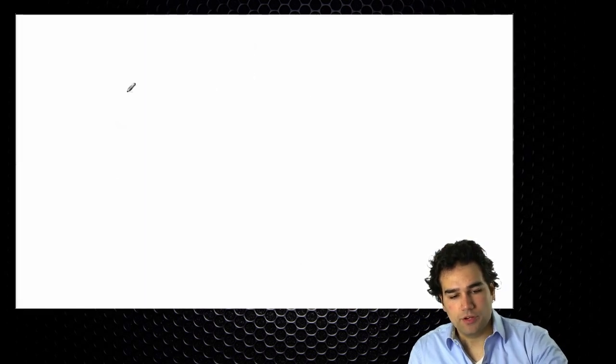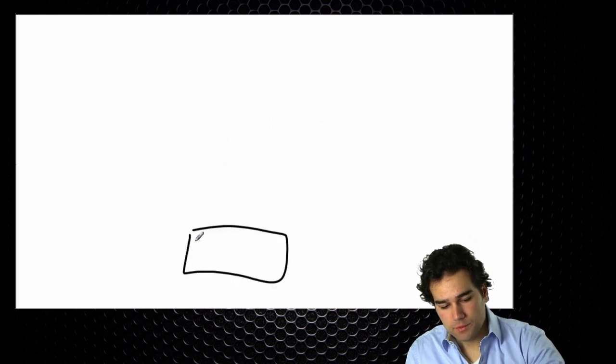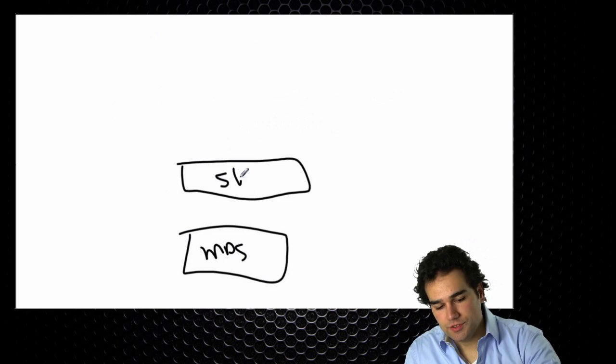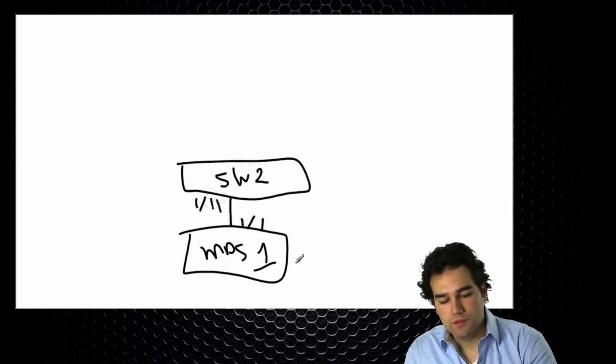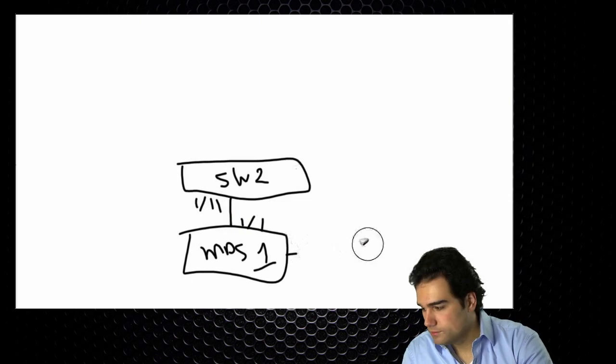Let's make a little drawing about this. So I have my MDS here, and I have my switch 2. So this is MDS 1 and switch 2. This is connected on port 1/1, and this is port 1/11. Connected here on ports FC1/5, let me use a different color for that.